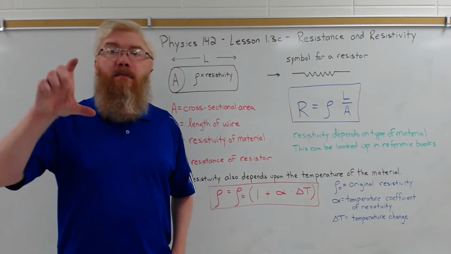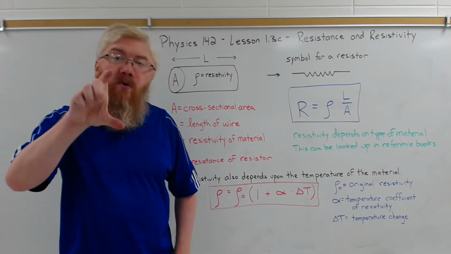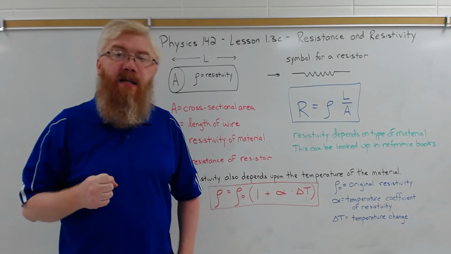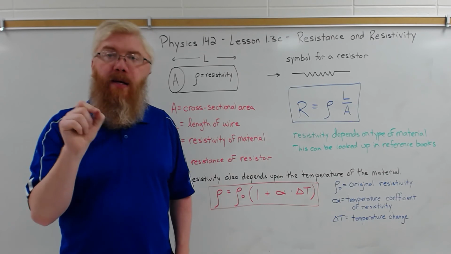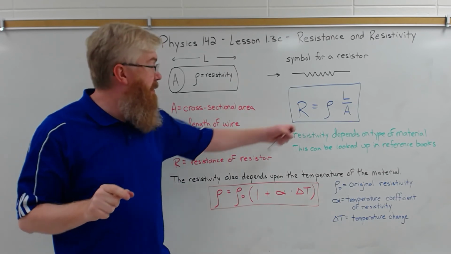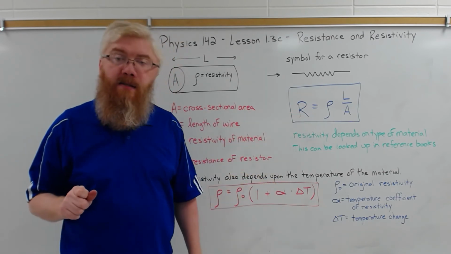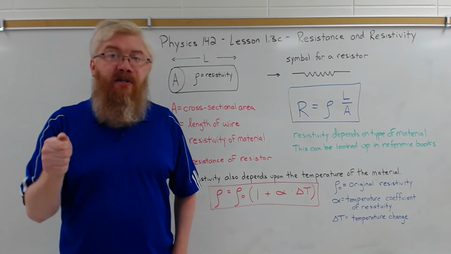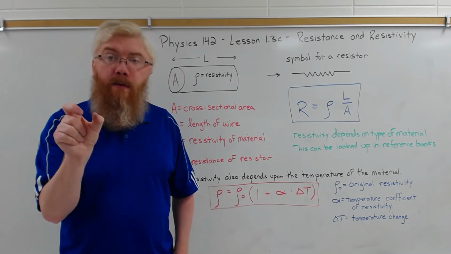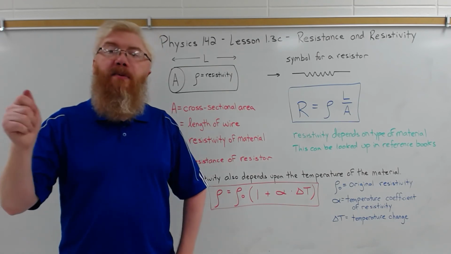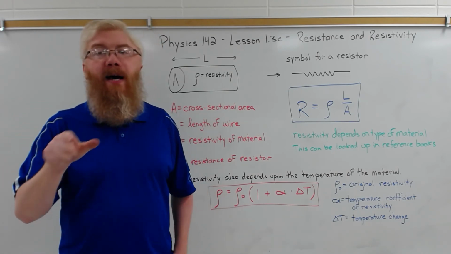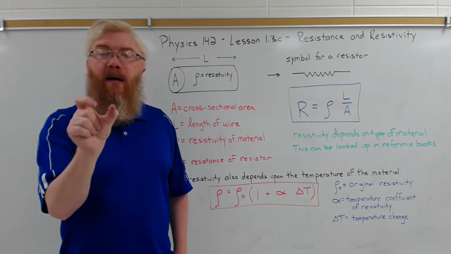So in a light bulb, an old filament light bulb, an old incandescent light bulb, there's a very thin piece of metal, usually tungsten or something, that has a very specific resistivity and a temperature dependence. When the light bulb is off, the material is cool, so its resistance value is different than when the light bulb is turned on. When the light bulb is turned on and current is flowing through the light bulb, it gets hot.